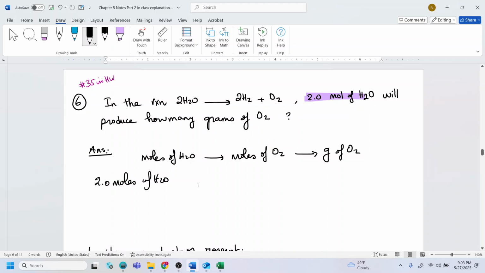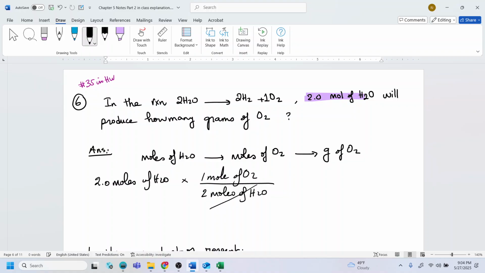So I'm starting with the moles of the water, and I'm going to do a mole ratio from the chemical equation. For every 1 mole of oxygen that is formed, I am reacting 2 moles of water. Okay, and I got this from the balanced chemical equation.